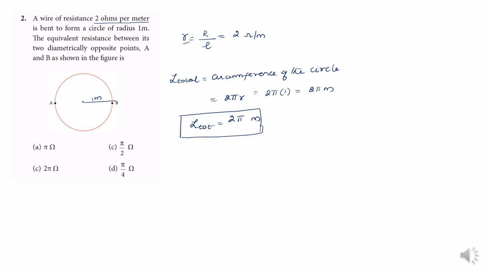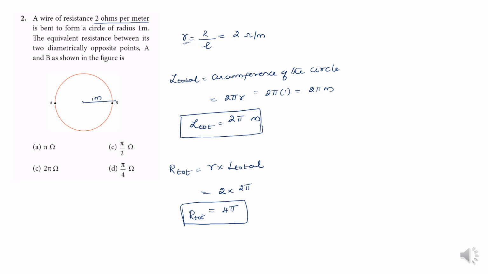R total is equal to r into L. So R total is equal to small r into L total, which is 2 ohm per meter into 2 pi, which is 4 pi. So R total is 4 pi. This is the total resistance of the entire wire, which is basically the circumference. The total length of the wire is the circumference.